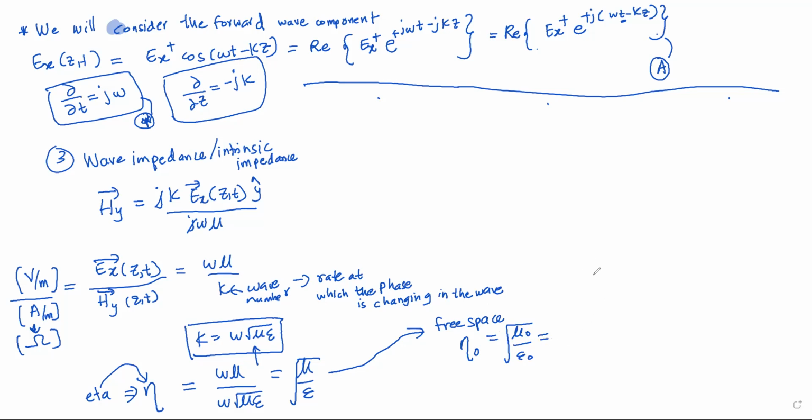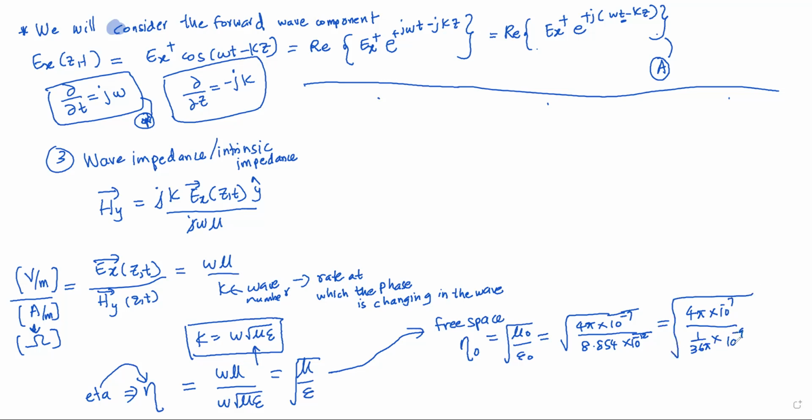Since I know the values of mu naught and epsilon naught, I can substitute them: 4 pi into 10 to the minus 7 divided by 8.854 into 10 to the minus 12. These two values can also be defined using pi: 4 pi into 10 to the minus 7 divided by 1 over 36 pi into 10 to the minus 9.